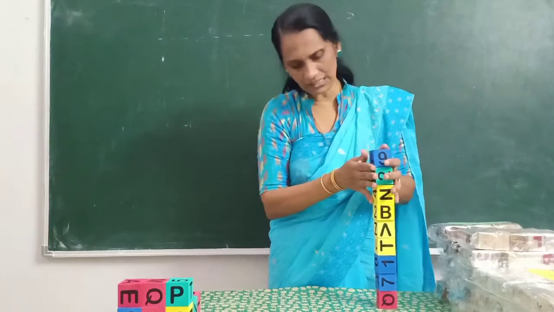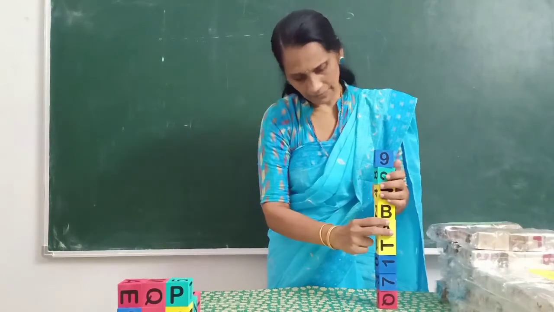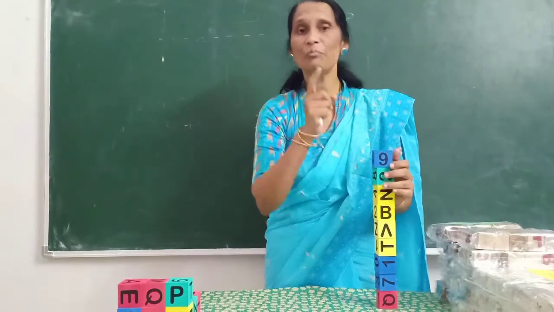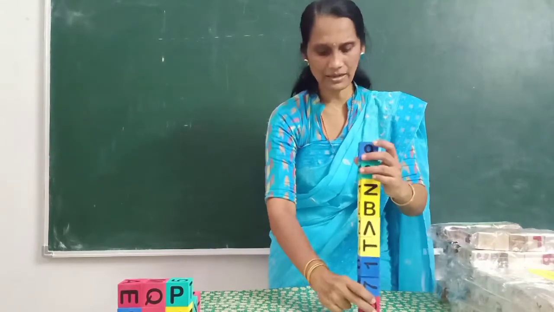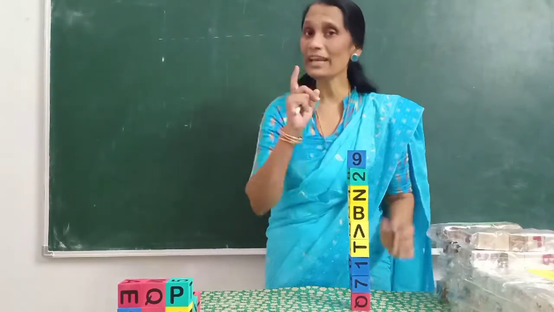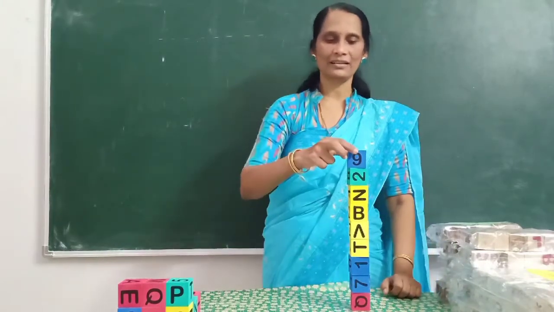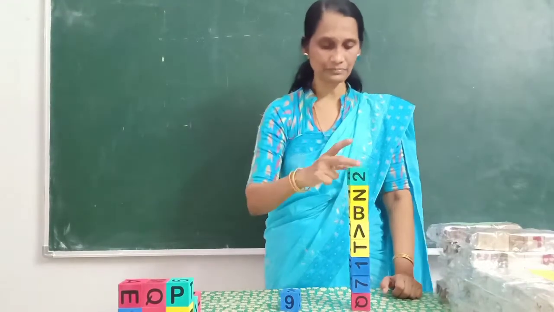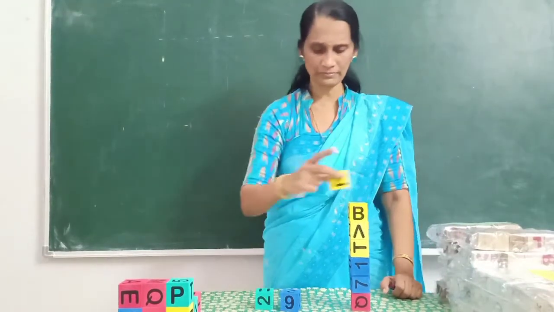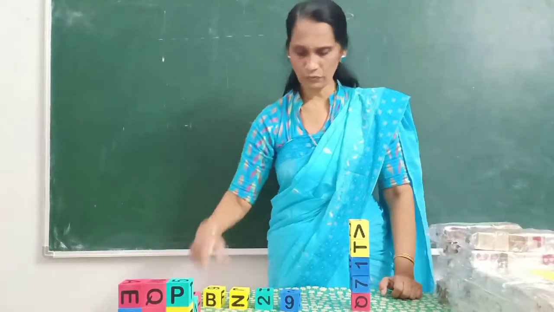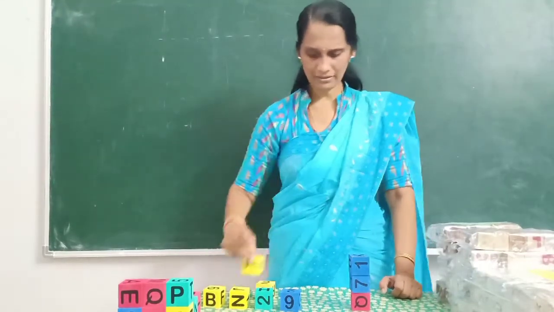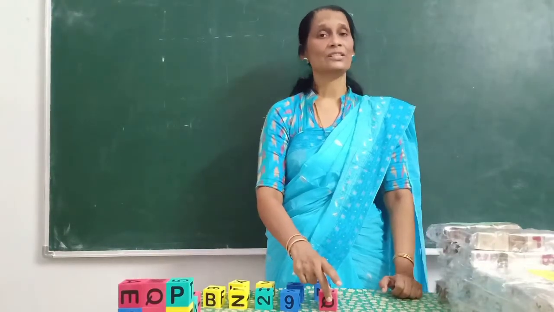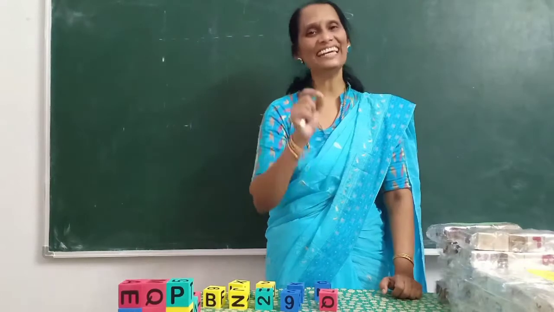So from this, what did you understand? 9 ones make 9. In 9, how many ones are there? 1, 2, 3, 4, 5, 6, 7, 8 and 9. 9 ones are in 9.